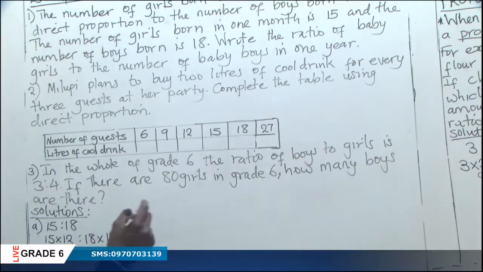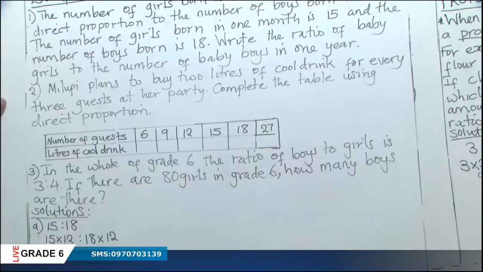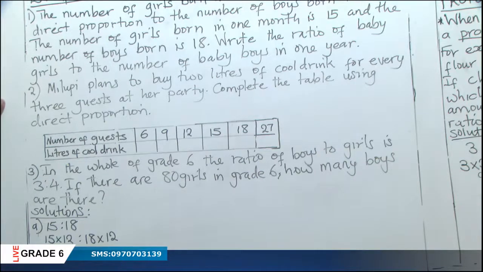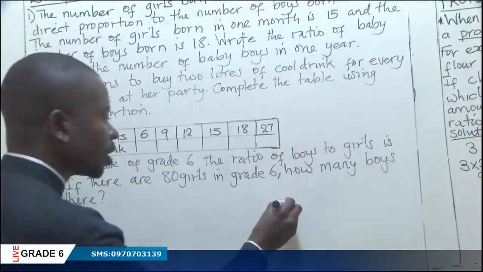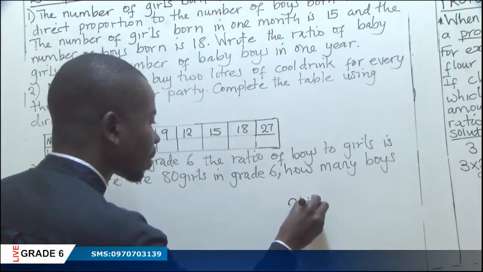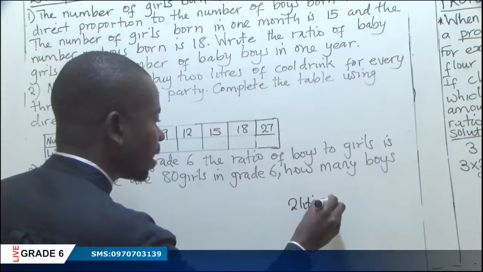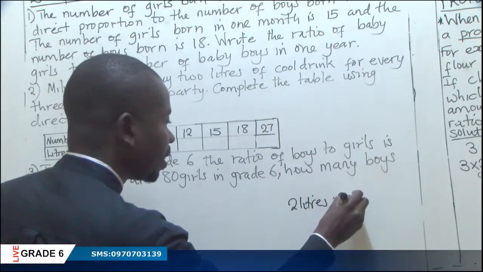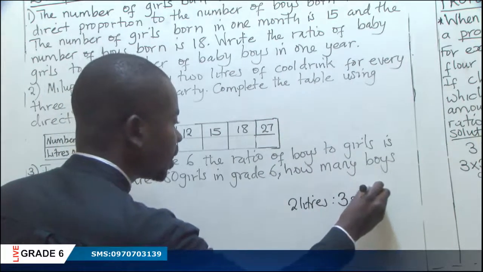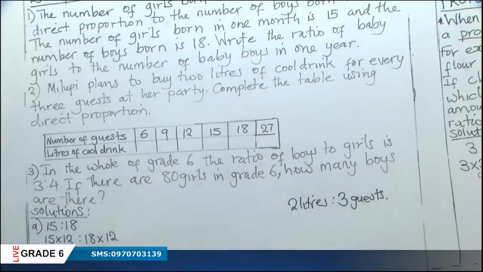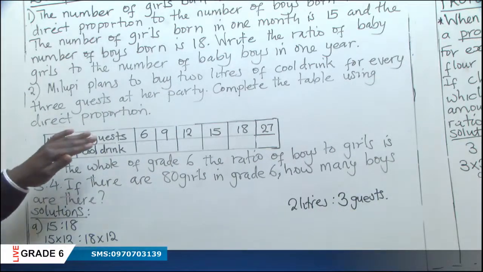We go to number 2. The question says Milupi plans to buy 2 liters of cool drink for every 3 guests at her party.